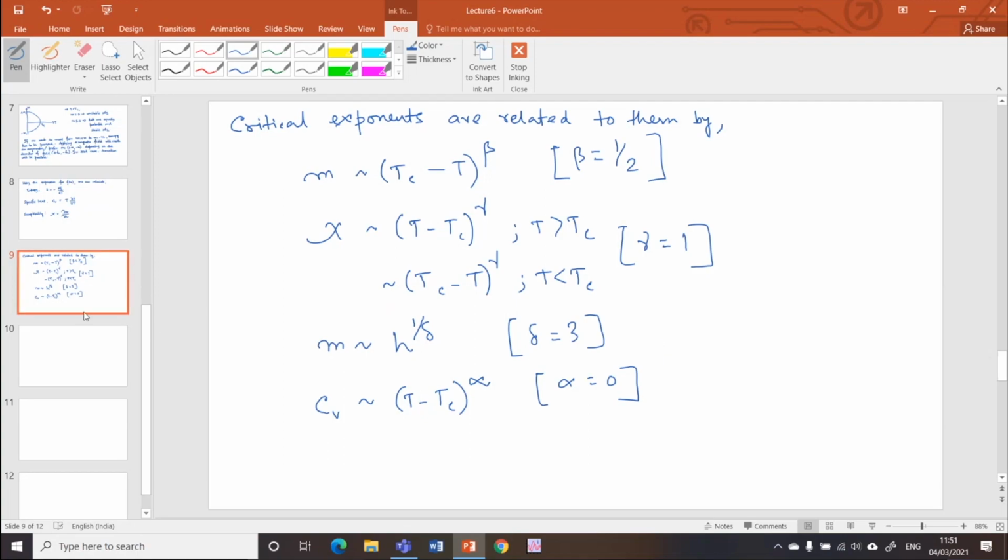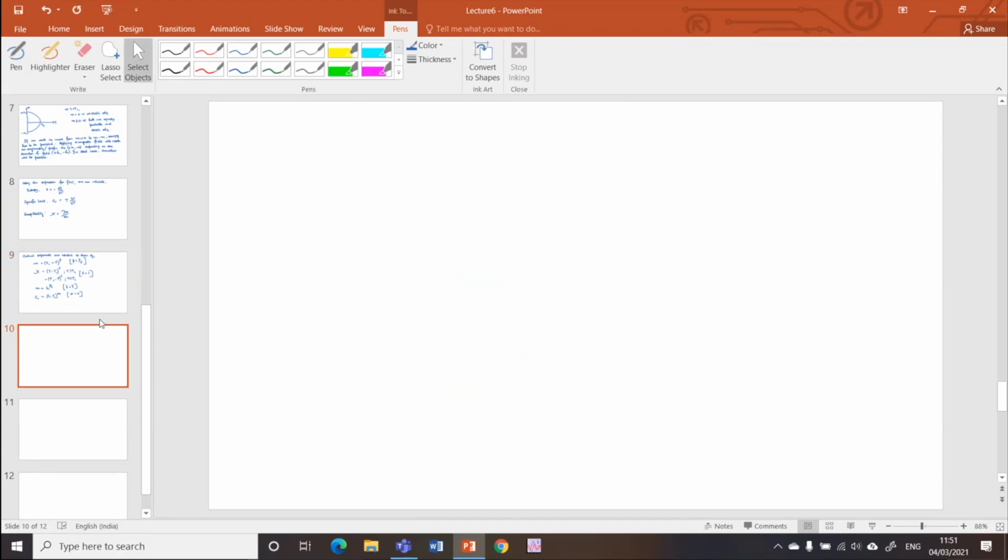We can also calculate some of these values for this case. We already got the value of beta. If we want to know the value of delta, we consider this system in the presence of a magnetic field.